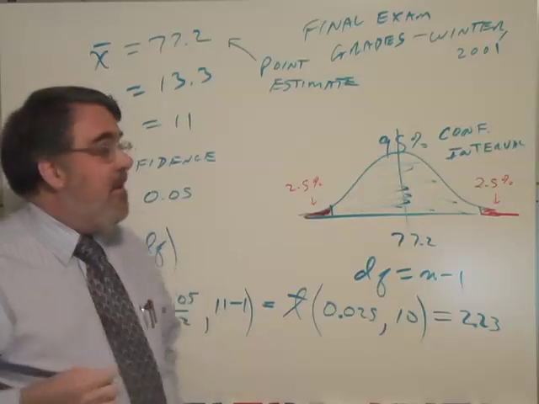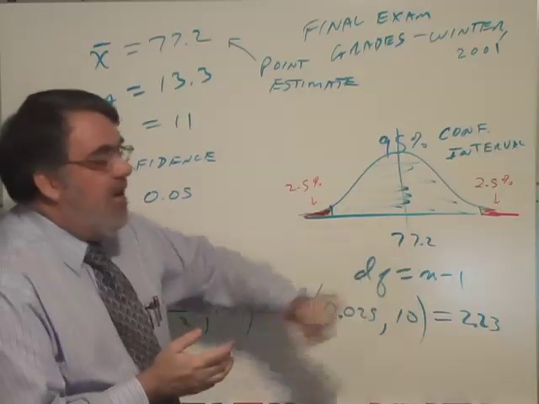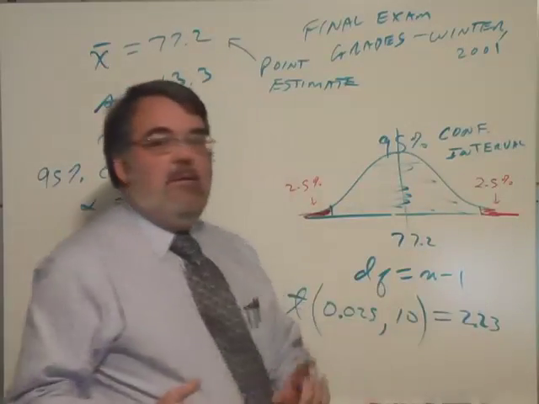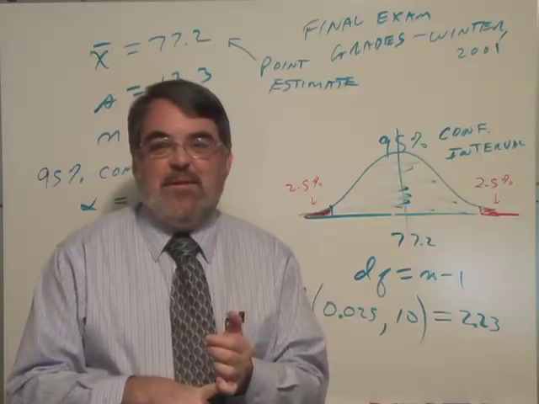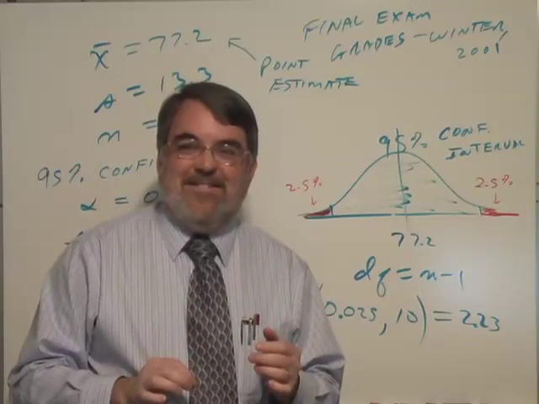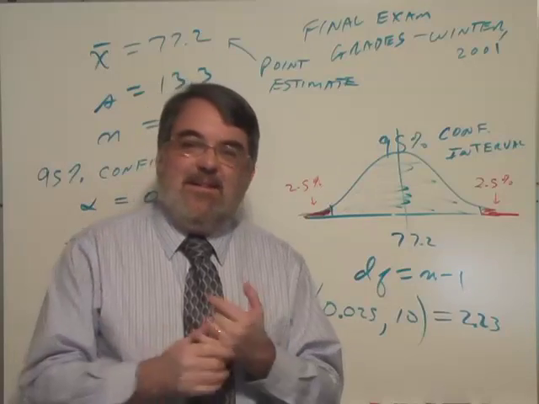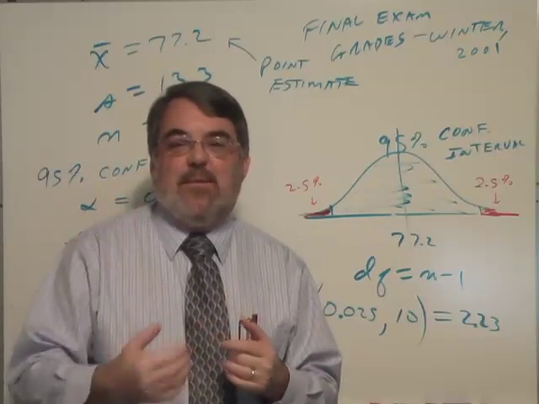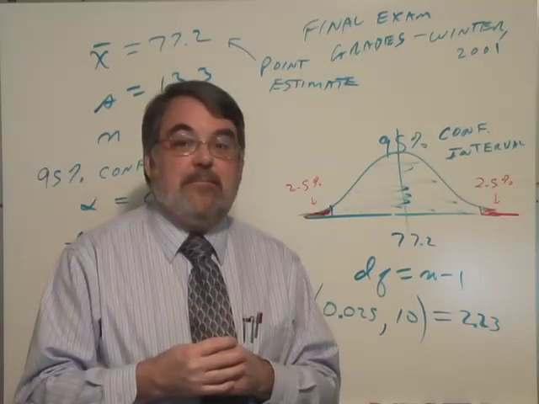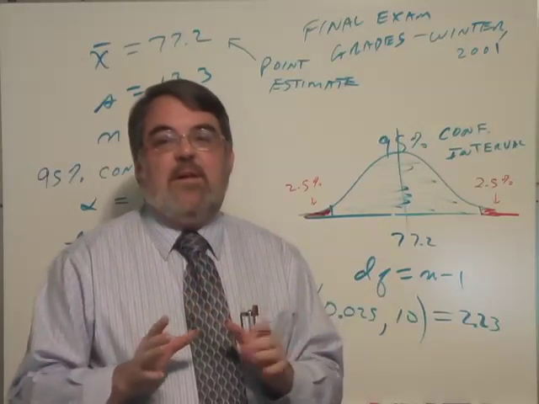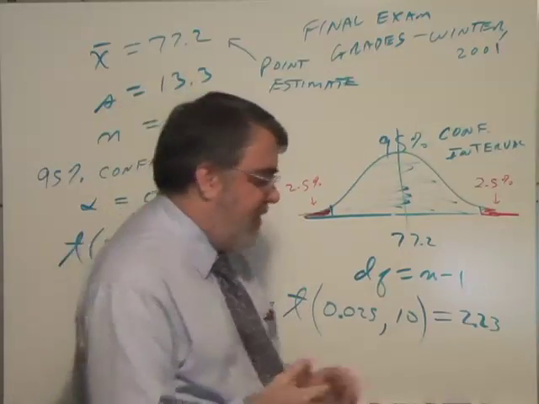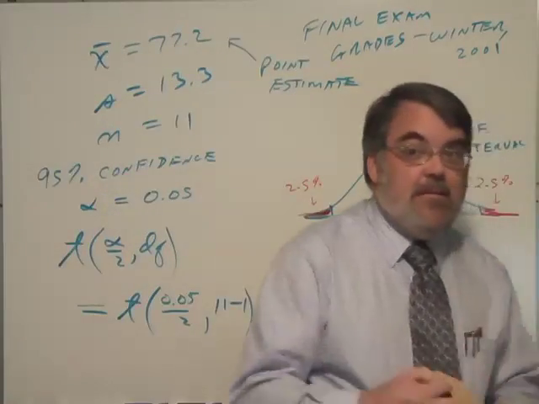So in essence, I'm going to take the mean and I'm going to go forward and backwards 2.23 standard deviations, except I'm using the standard error of the mean, because this is not a single observation, it's a sample mean observation. We use standard error of the mean. So I need to do a little writing, and I'll write down the formula that we use to calculate this problem. So give me a moment.